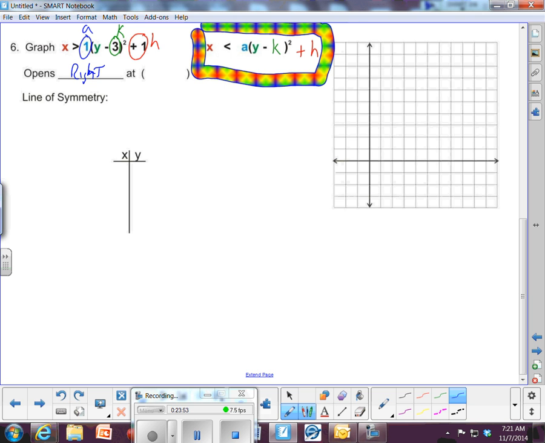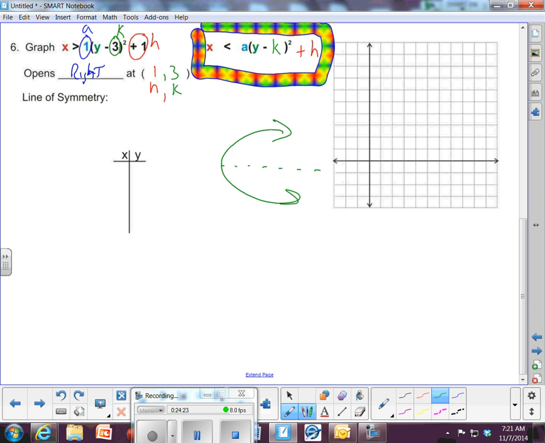And what are the vertex coordinates? Well, look, this is still H, the X coordinate, and this is still K, the Y coordinate. So clearly, we've got 1, 3. What would the line of symmetry be? All right, now you got to be careful. Look, if this thing's going like this, the line of symmetry is now a horizontal line.